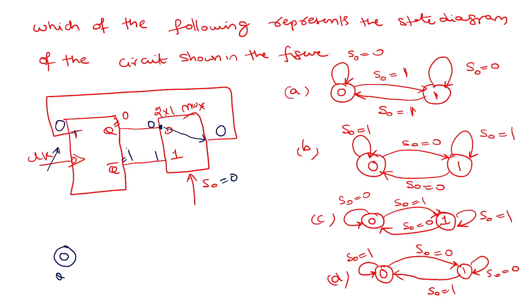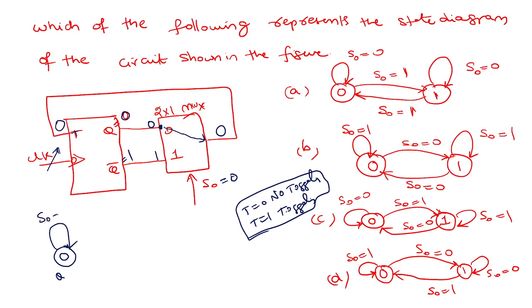We know that T equal to 0 means no toggling, and T equal to 1 means toggling. That's how the name came, toggle flip-flop. So T equal to 0 means no toggling, which means the output will remain the same. You understood?